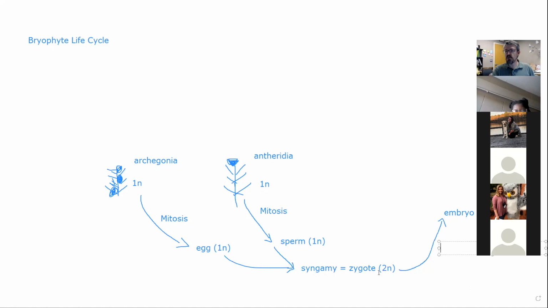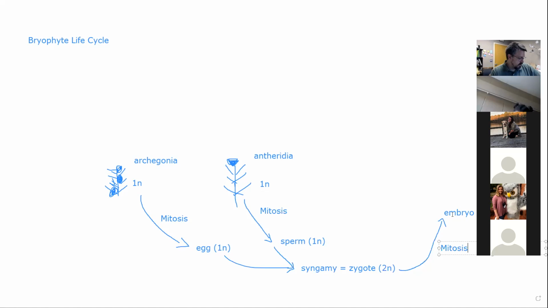We stayed the same ploidy level, 2N to 2N. So therefore it has to be mitosis. So when you stay the same level, 2N to 2N, it's mitosis. If you go up, in this case, 1N and 1N together, it's this process of syngamy. So 1N, 1N gives us 2N. We went up in ploidy level, it's syngamy. If you stay the same, it's mitosis. If you go down, it's meiosis.